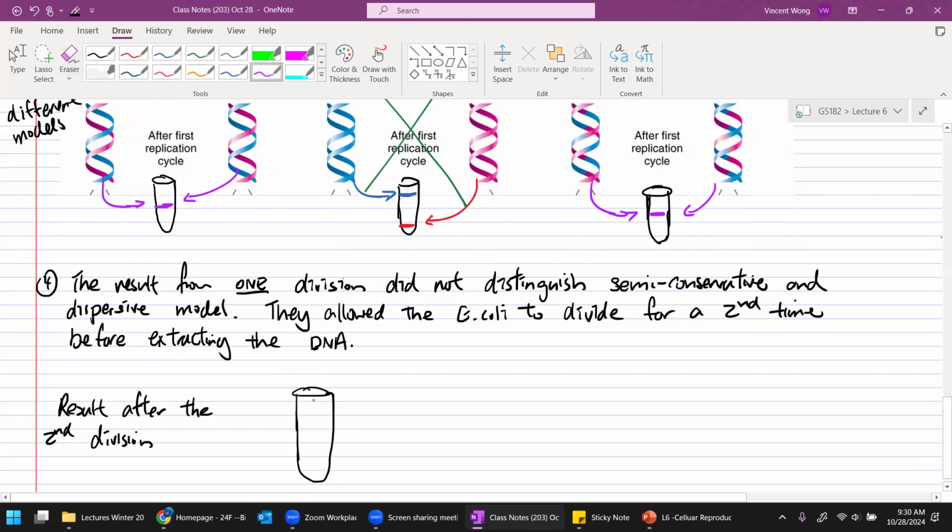They saw a middle band, and then they also saw a light band, top band. Top and middle band were observed.